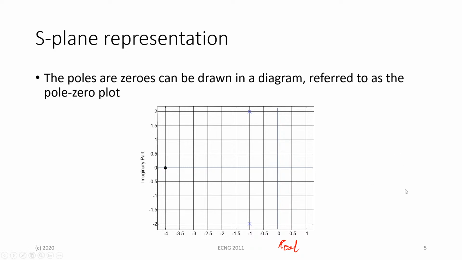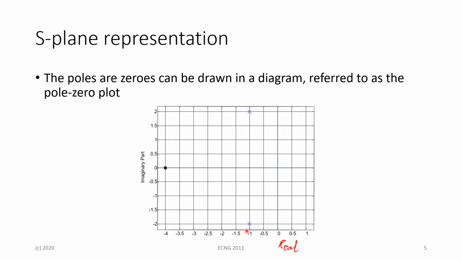So basically, the dot here represents our zero, because we saw that our zero was at s equal to negative 4. But there was no imaginary component for it, so it just lies straight on the real axis. The imaginary component will be 0 here, and the real component would be minus 4. Our poles, on the other hand, had real and imaginary components.